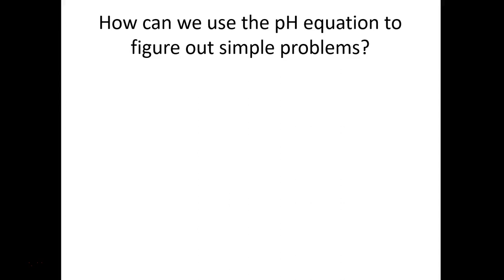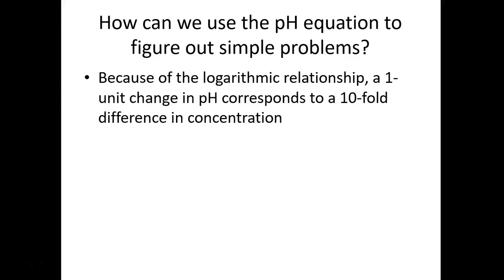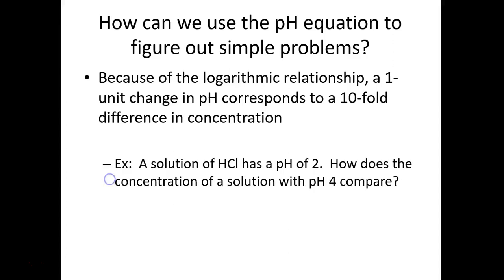So how can we use the pH equation to figure out simple problems? Well, because of the logarithmic relationship, a 1 unit change in pH will correspond to a 10-fold difference in concentration. So an example says a solution of HCl has a pH of 2. How does that compare to the concentration of a solution with a pH of 4?